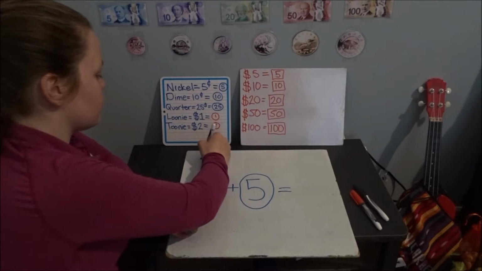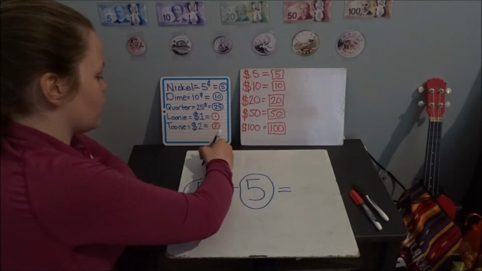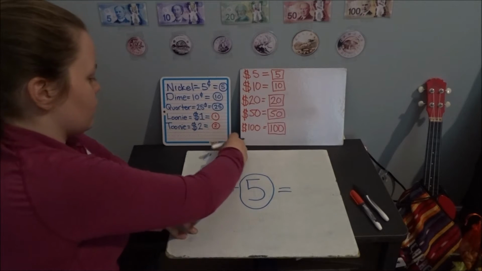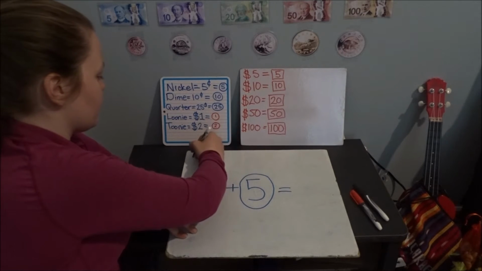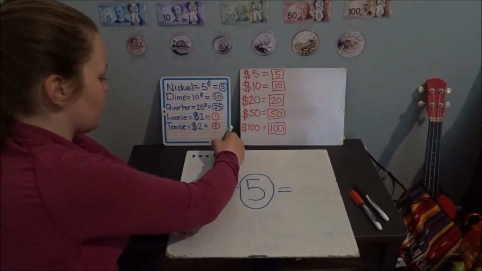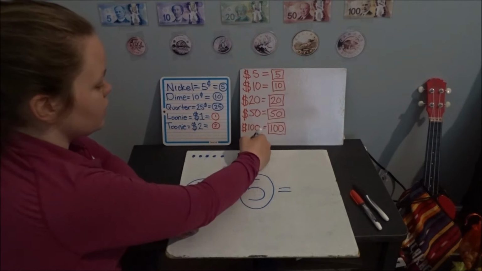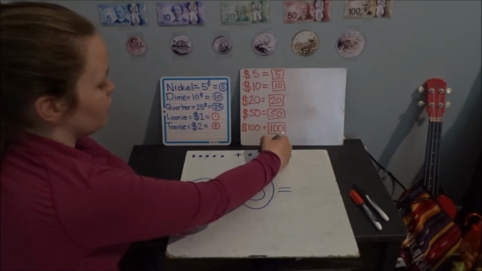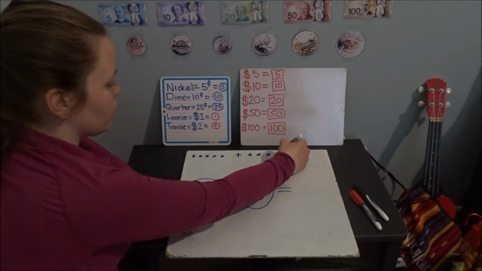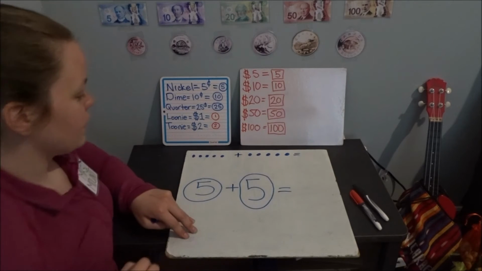1, 2, 3, 4. Actually, no. We'll go this way. 1, 2, 3, 4, 5. Plus 1, 2, 3, 4, 5 equals.